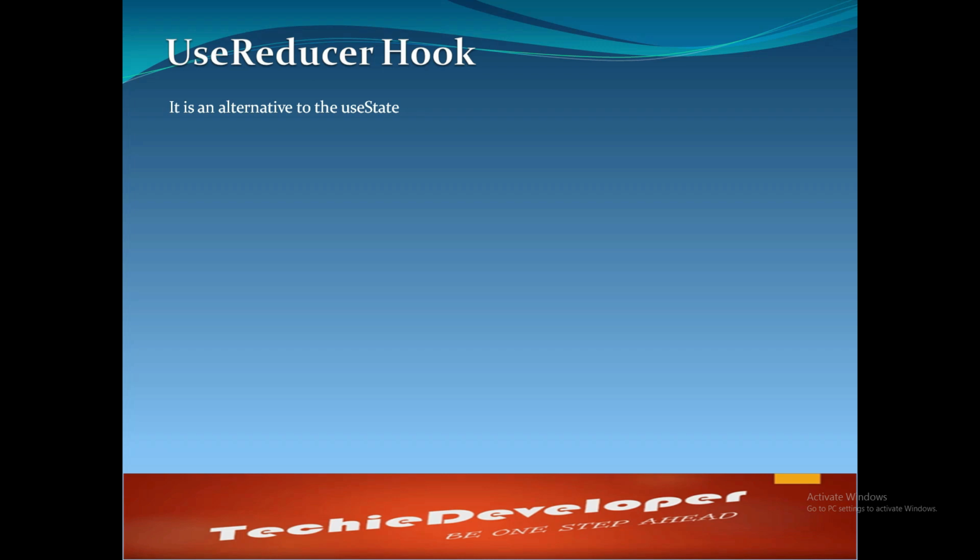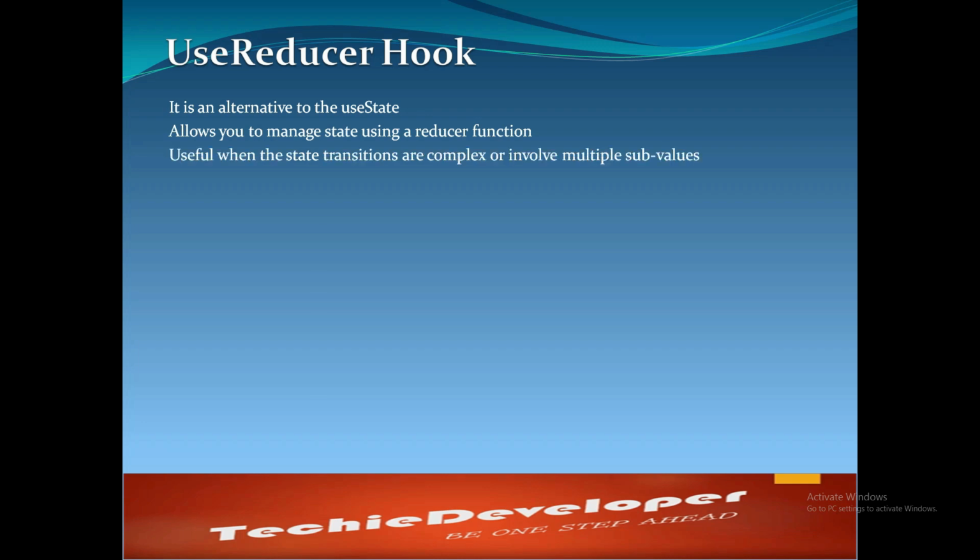Okay, so let's see. It allows you to manage the state using a reducer function. I will tell you how to write this reducer function. It is useful when state transitions are complex or involve multiple sub-values.